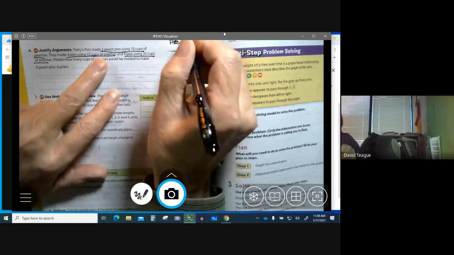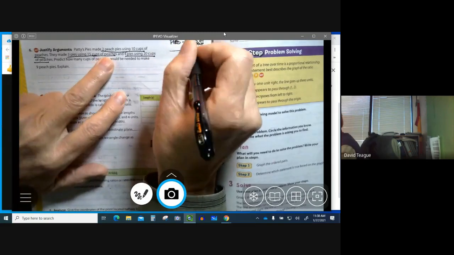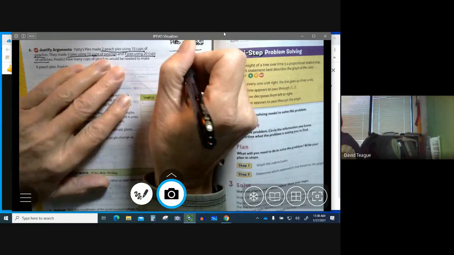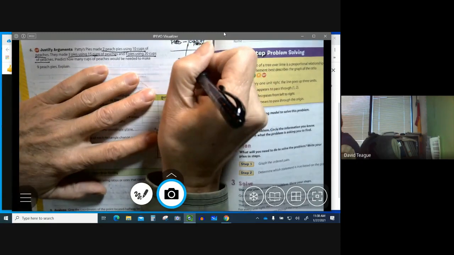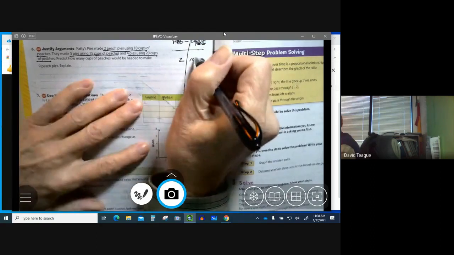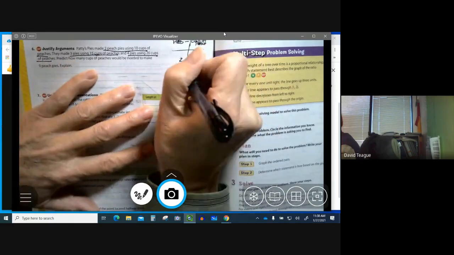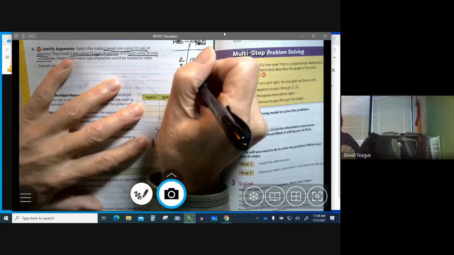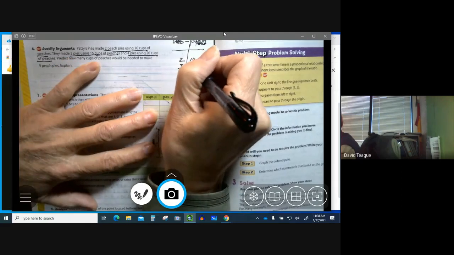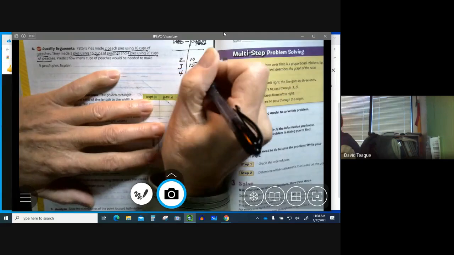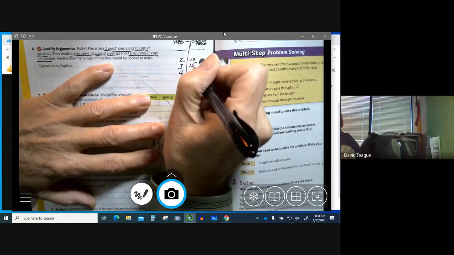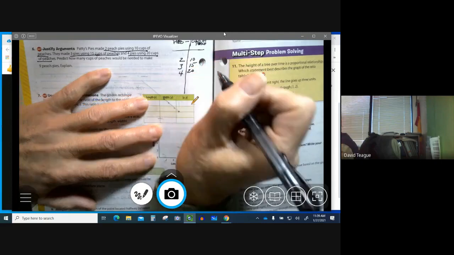So we know the first one is, I'm going to give a little bit of space, 2 pies to 10 cups of peaches. The next one is 3 pies to 15 cups of peaches. And the next one is 4 pies to 20 cups of peaches.